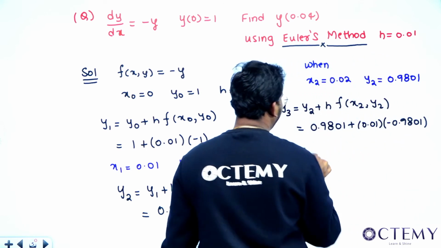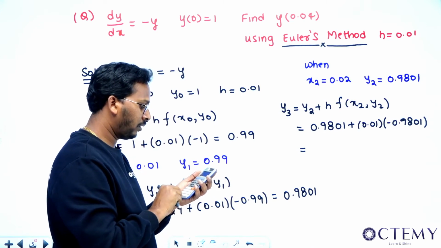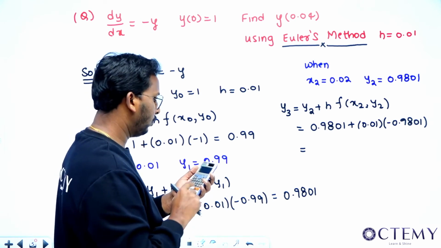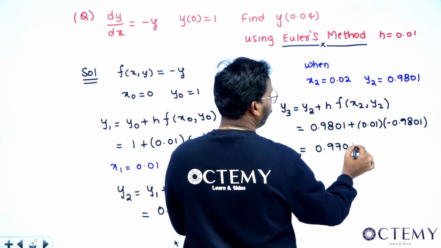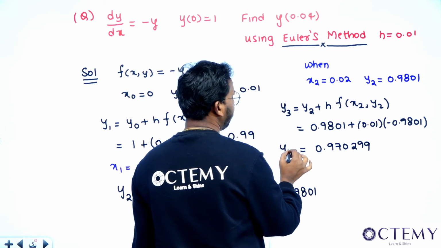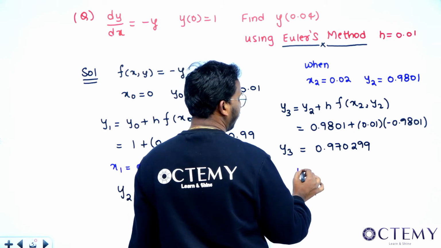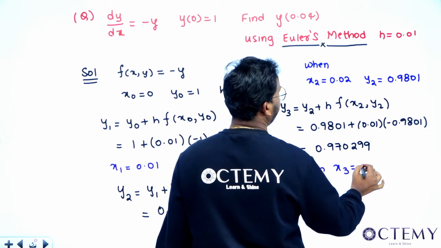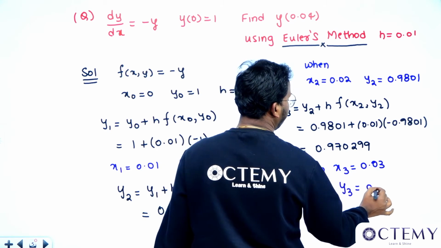So this is 0.9801 minus 0.01 into 0.9801, which equals 0.970299. This is y3. The meaning of this y3 is that when x3 is equal to 0.03, you got your y3 as 0.970299.